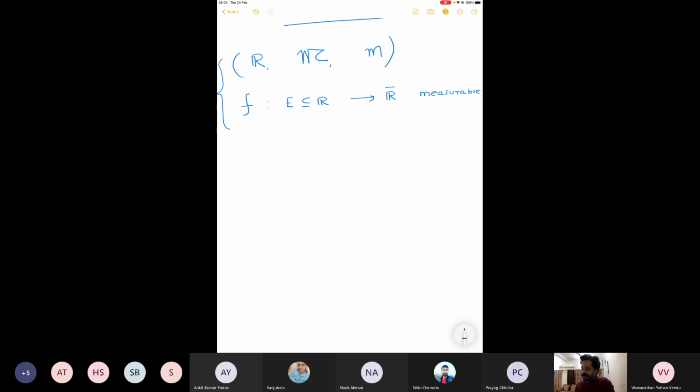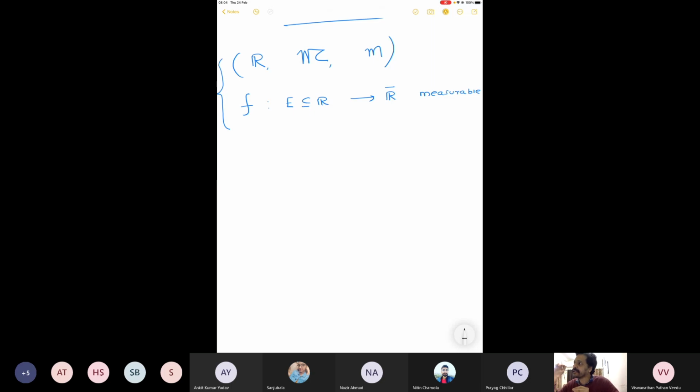Now, as I hinted in the previous lecture, it is always good to compare and contrast with what is known to you, namely Riemann integration theory.